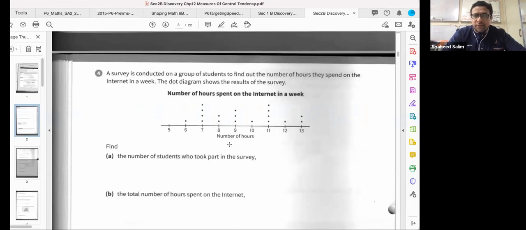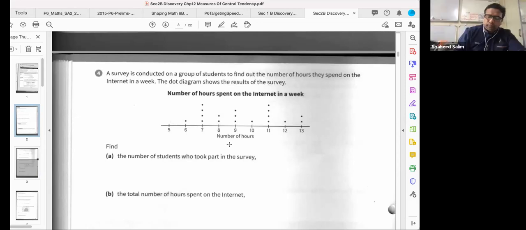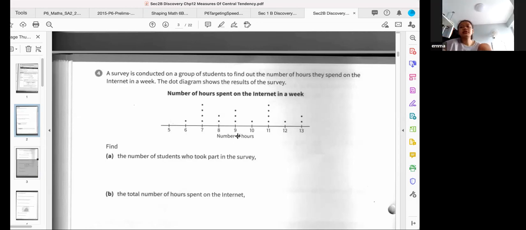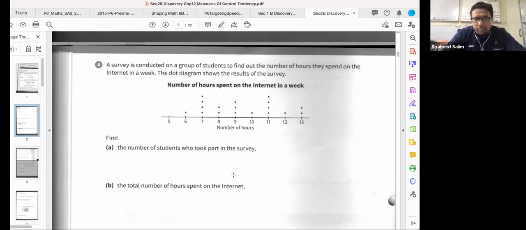Okay. So the number of students who took part in the survey, how many students? 18. Okay, good. Total number of hours. You can write your numbers below. Oh, but you don't have it, sorry.